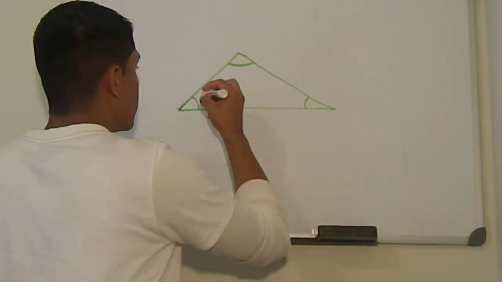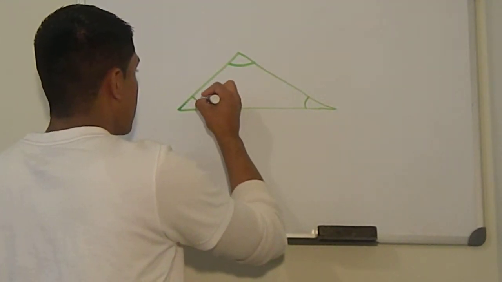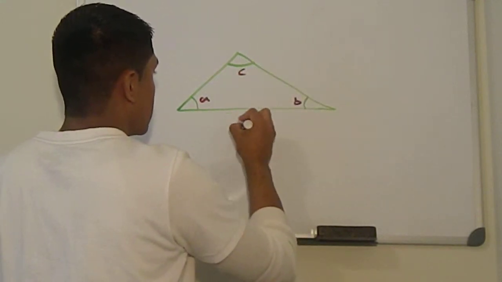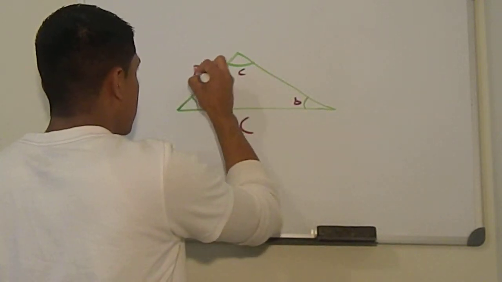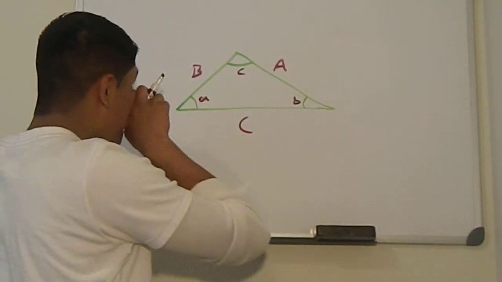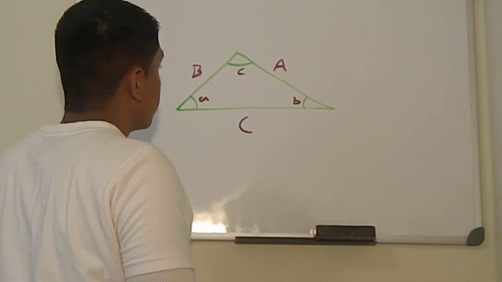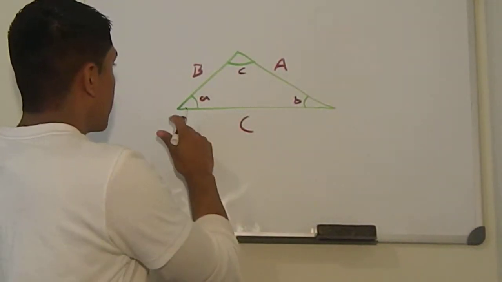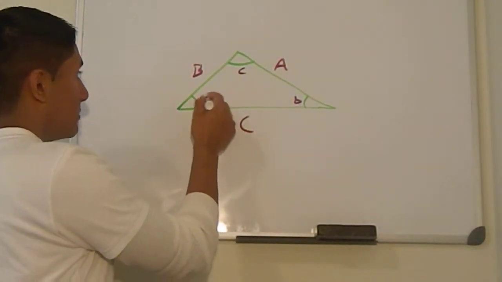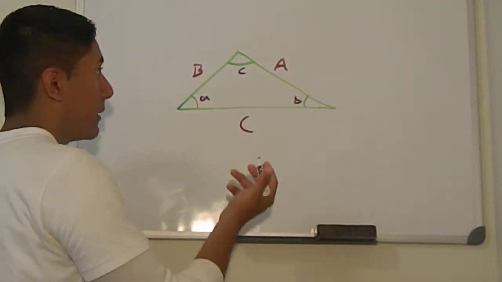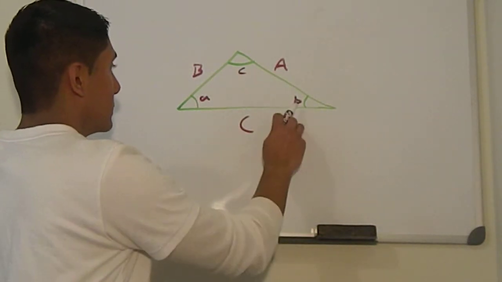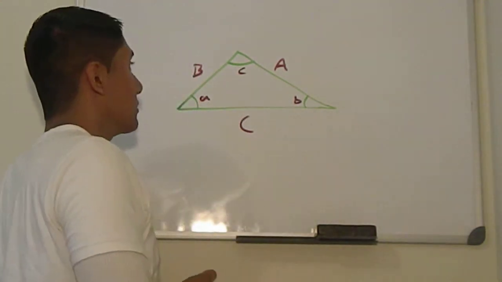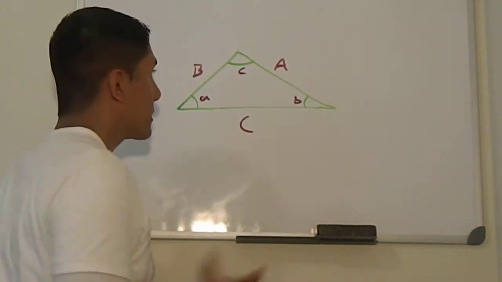So let's call this A, B, C, C, B, A. Yeah, this should actually be backwards. Just to let you know, angles are supposed to be written with capitals, and sides are normally written with lowercase. It's just a convention.